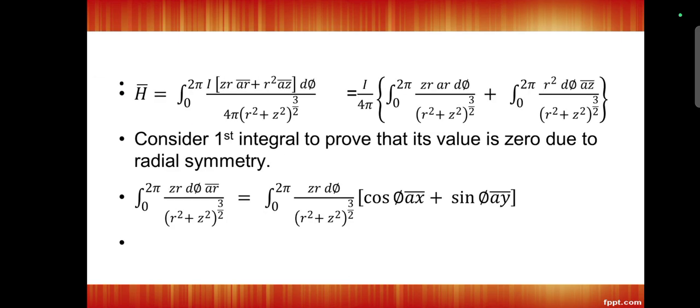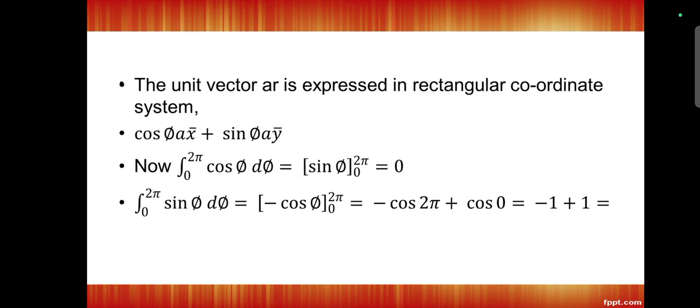So H is equal to, substituting here, integral 0 to 2 pi of z r d phi divided by r square plus z square the whole power 3 by 2 into cos phi ax plus sin phi ay. The unit vector ar is expressed in the rectangular coordinate system as cos phi ax plus sin phi ay.